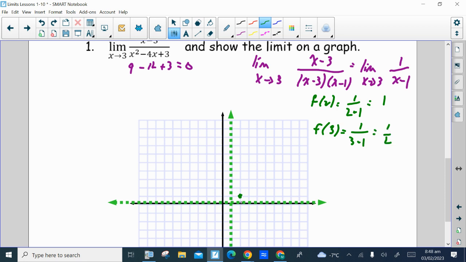And that is our point of discontinuity. So we'll draw a tiny circle there. That is our point of discontinuity because 3 is a restriction for the original function. We got rid of that factor of x minus 3 when we factored and simplified, but that tells us that 3 is where we have a point of discontinuity.